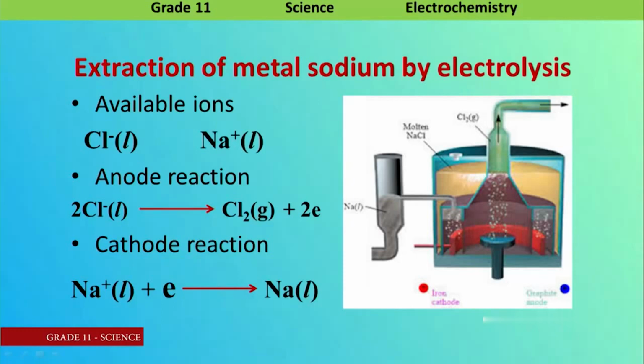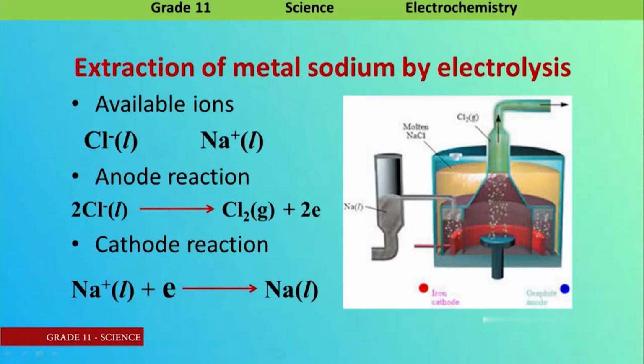And there is a diaphragm, a steel mesh, around the anode. This is a cylindrical structure, children. So, at the corner, the cathode is placed, and from the cathode, molten sodium metal is extracted out. In this manner, sodium metal is extracted.